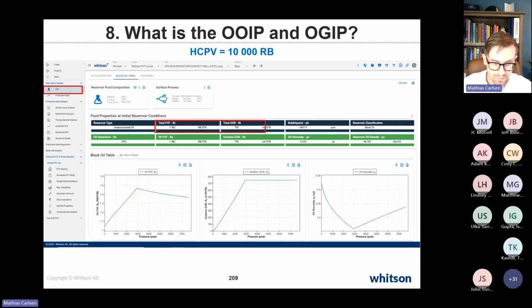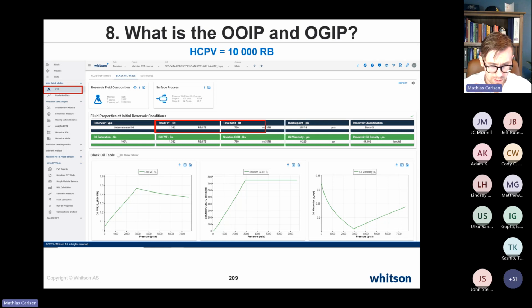That will be the formation volume factor. We learned that earlier today: oil in place is the hydrocarbon pore volume divided by the total formation volume factor. And then the gas in place is just oil in place multiplied by the GOR total. Okay, so those are the formulas.